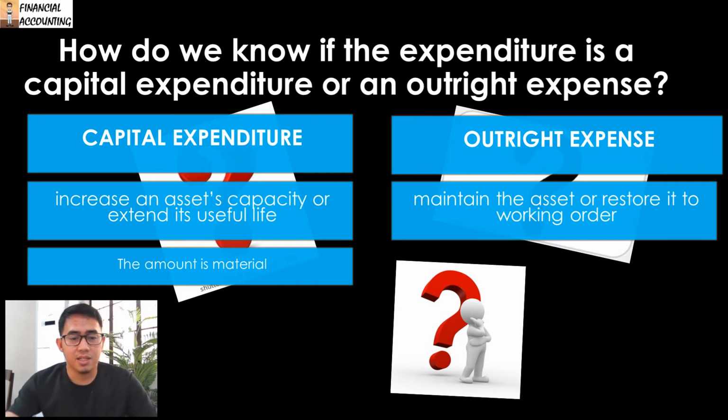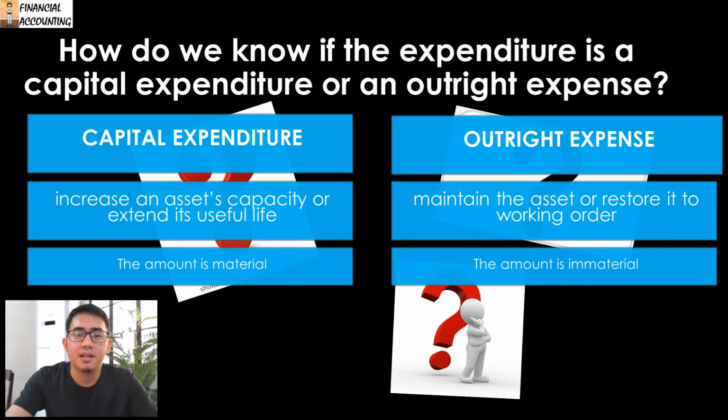A capital expenditure is usually material, and if it is an expense, it is usually immaterial. So when can we say that the amount is material? We can say that the amount is material if that amount will affect the decision of the users of our financial statements.